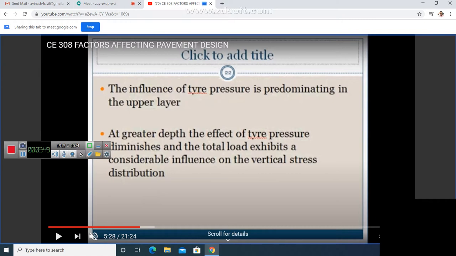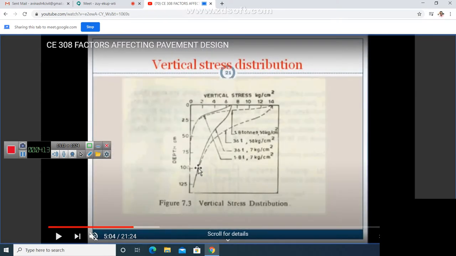At greater depth, the effect of tire pressure diminishes, and total load exhibits a considerable influence on the vertical stress distribution. Here you can see that as the depth increases, the vertical stress is also getting reduced, because the effect due to tire pressure is getting reduced when you go into the deeper layers.